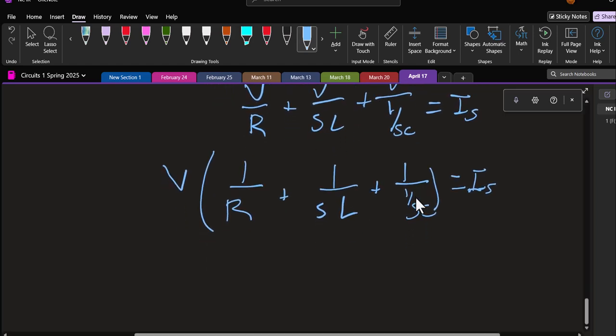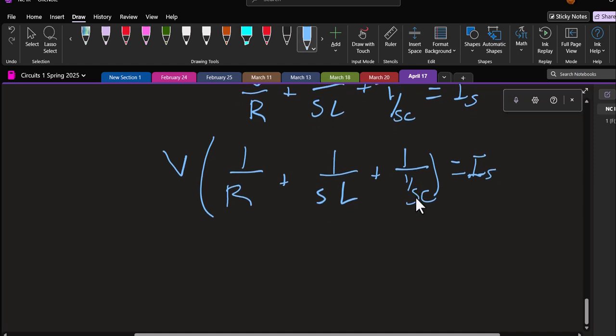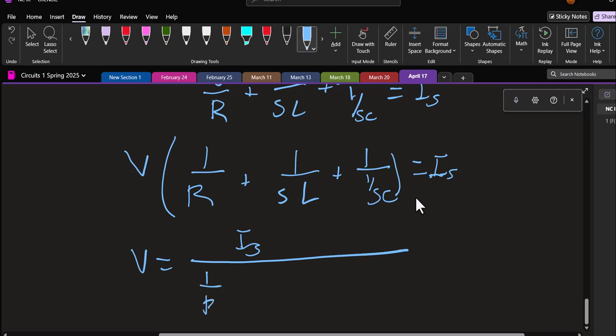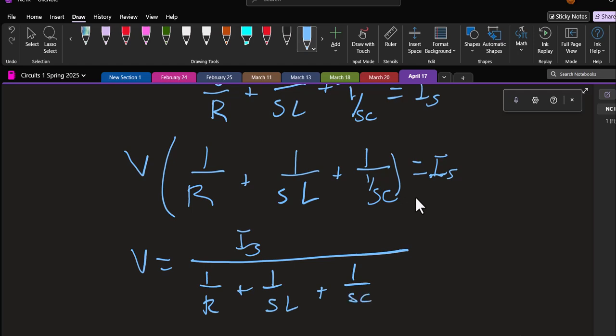Then you would divide both sides by the thing in parentheses. So you would get V equals Is over 1 over R plus 1 over SL plus 1 over 1 over SC.